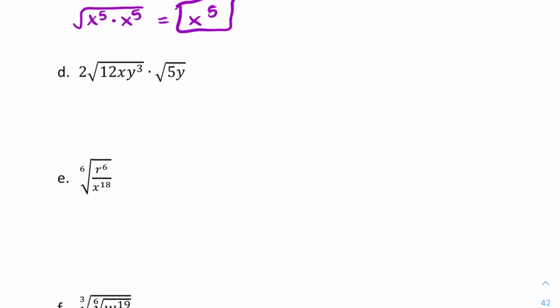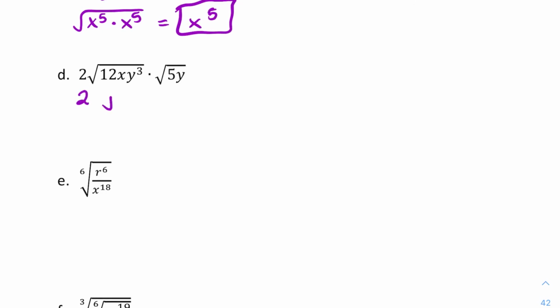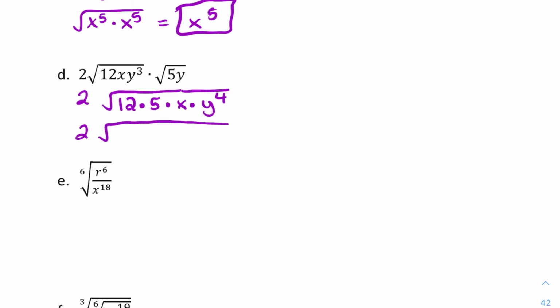On D, if you were to do a little multiplication, I'm not actually going to multiply 12 and 5 because otherwise it makes my factor tree big. I'd rather just leave them as 12 and 5 and then factor them individually. So 12 factors into 3 times 2 times 2 and then 5.